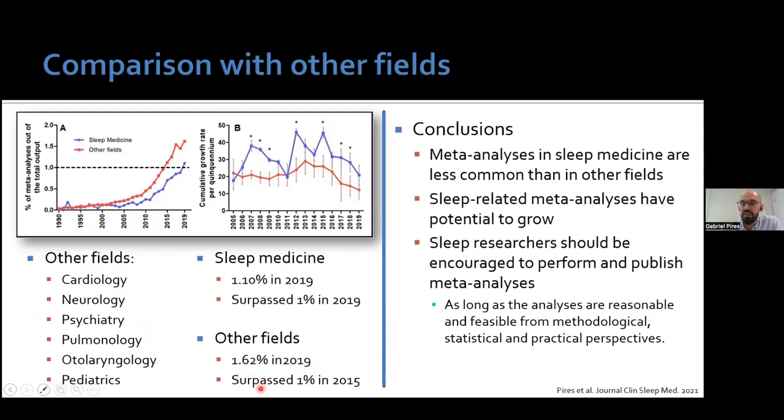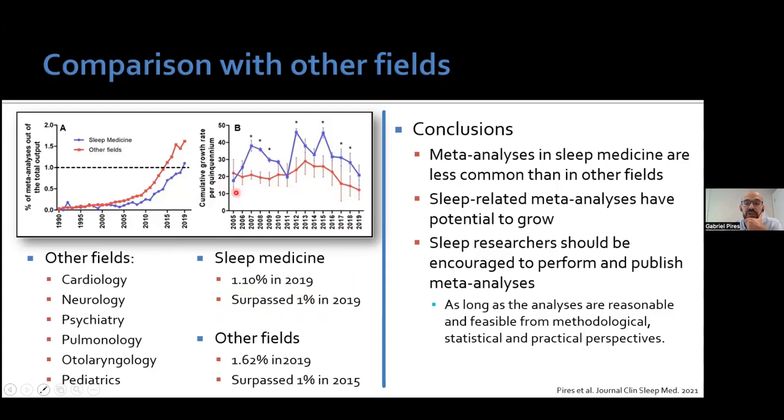And the first year in which the number of meta-analysis surpassed 1% of the publication output in all these fields was 2015. Sleep medicine was delayed in comparison to the other ones. So it was 1.10% in 2019, and we surpassed 1% only in the very year in which these analyses were performed.